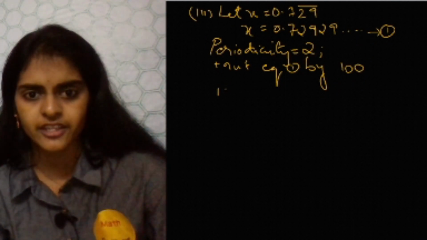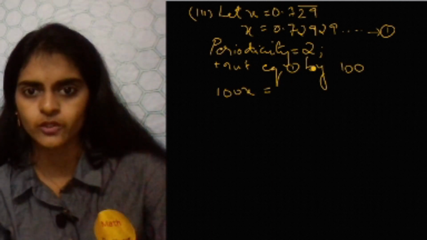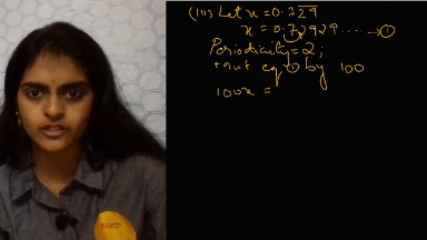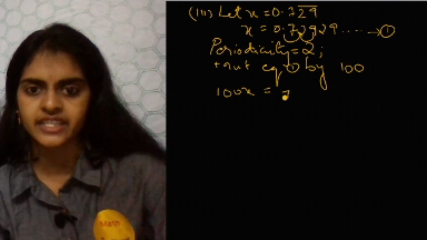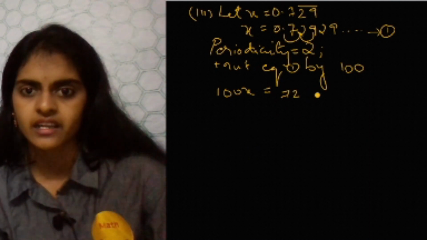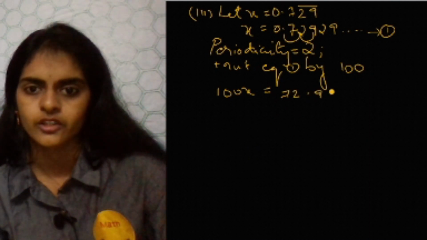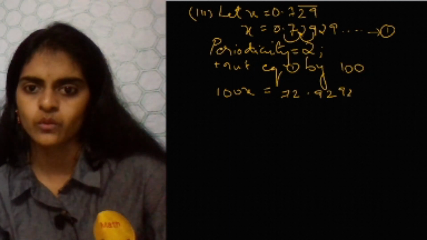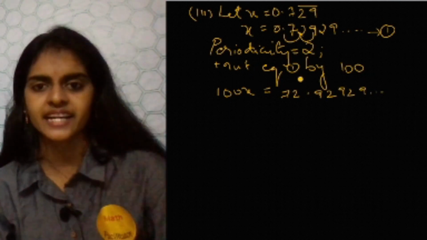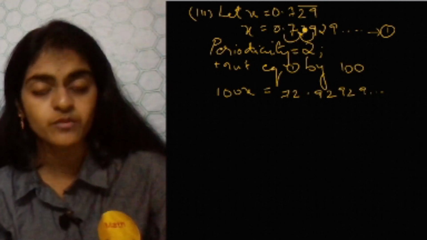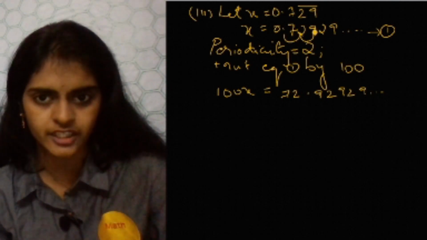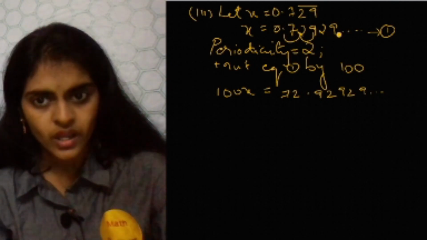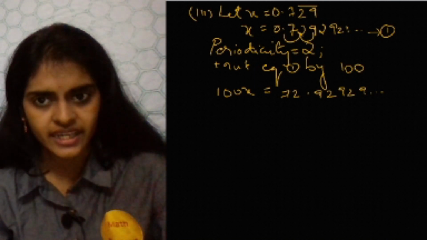So if you multiply, you'll get 100x is equal to, so the point moves two places, 1, 2, so it is 72.92929 and so on. Understand the difference? This point is moves two places. So you have 72.929, this will be again 29, isn't it?